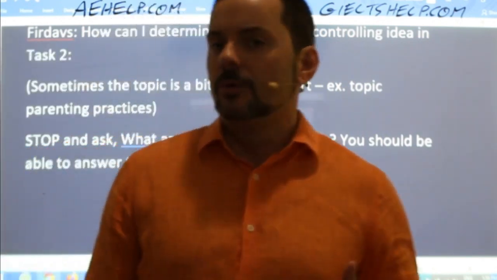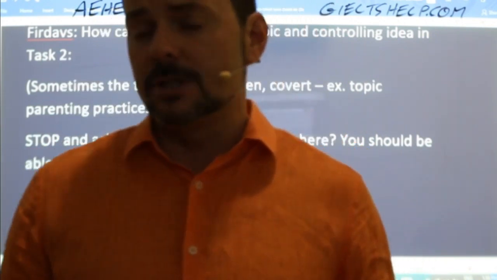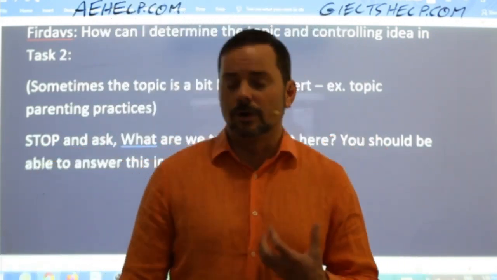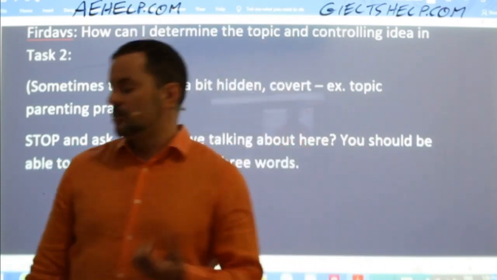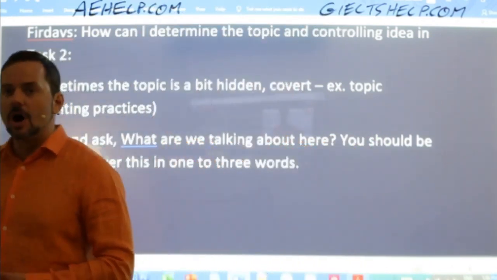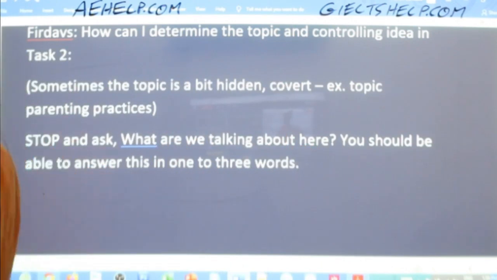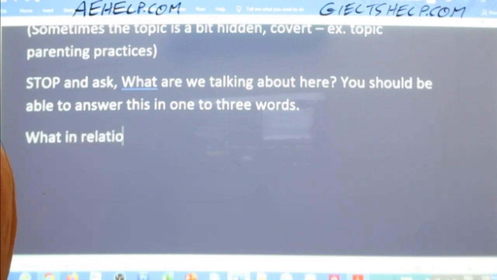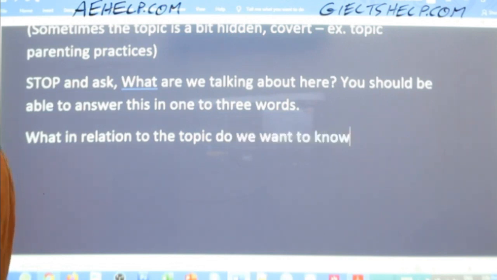It should really be only 1 word most of the time. If you have more than 3 words, you probably don't have the right topic. Then you need to ask a question: what, in relation to the topic, do we want to know? That's your controlling idea.